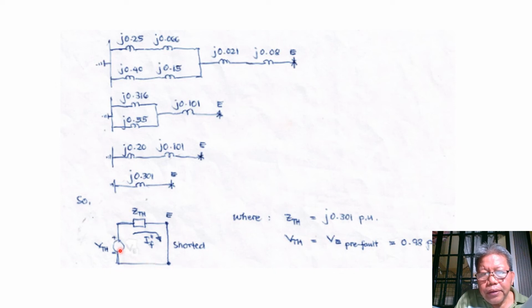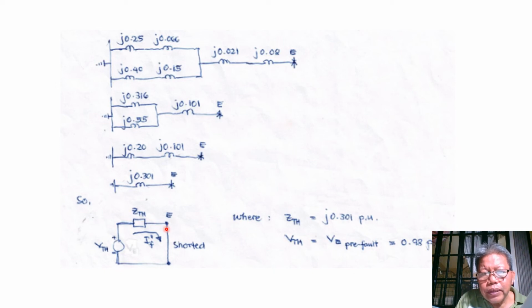So we have short circuit current flowing here, which is our IF. So IF double prime here will just be equal to this ETH divided by this ZTH, or we can just call this Z1, the positive sequence impedance with respect to bus E.